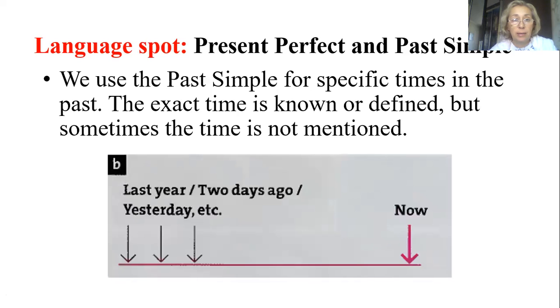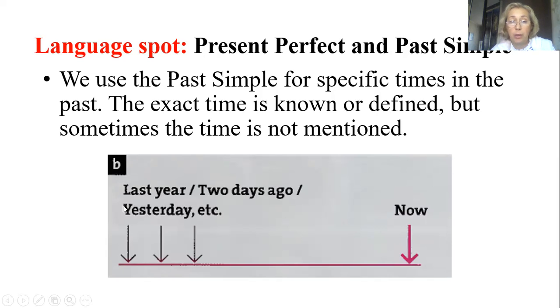If we move to the next slide, here we can also see the timeline for the action used with the past simple tense. We use the past simple for specific times in the past. The exact time is known or defined, but sometimes the time is not mentioned, though we understand when the action happened.